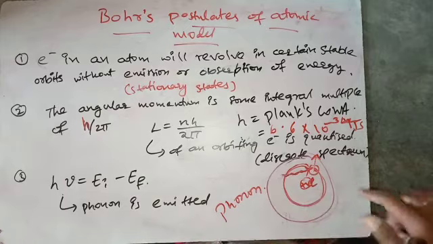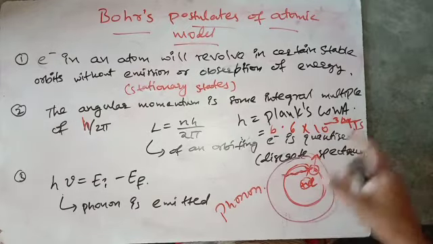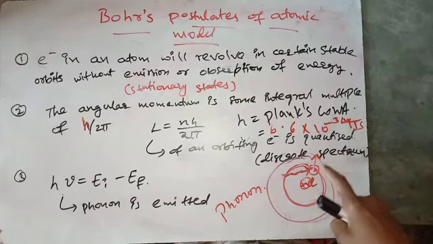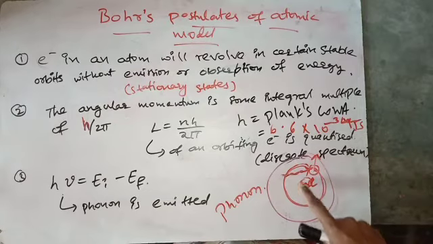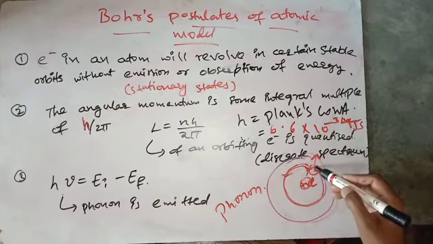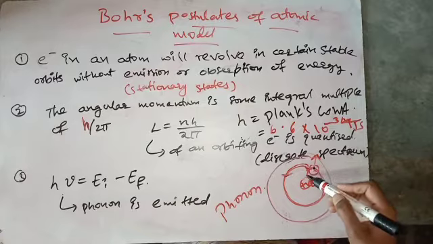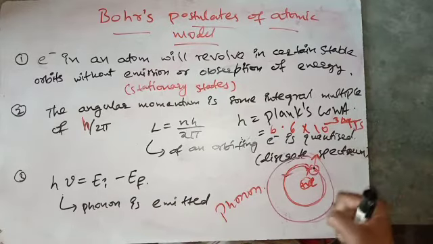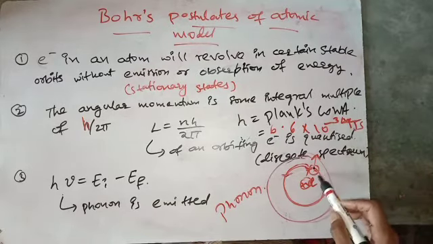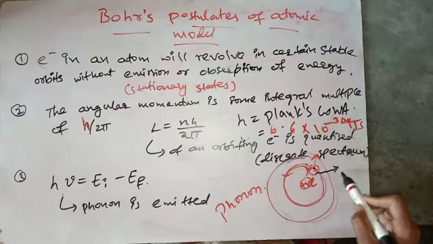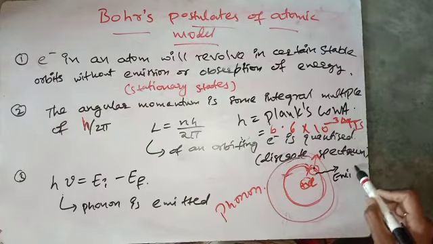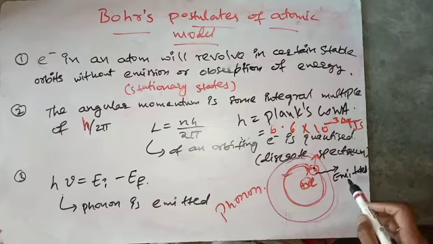Then you will find the absorption spectrum here. And if this electron loses energy, that energy will be emitted, and we will observe the emission spectrum.